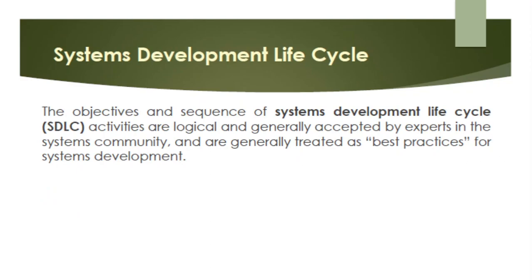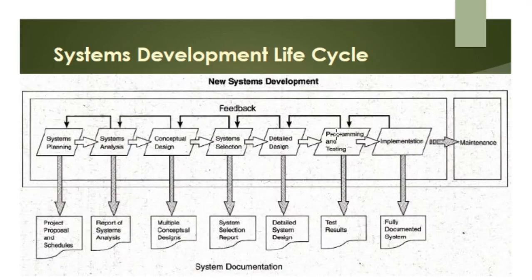Now let's start talking in detail about the systems development lifecycle. So the objectives and sequence of your SDLC activities are logical and generally accepted by experts in the systems community and are generally treated as best practices for systems development.